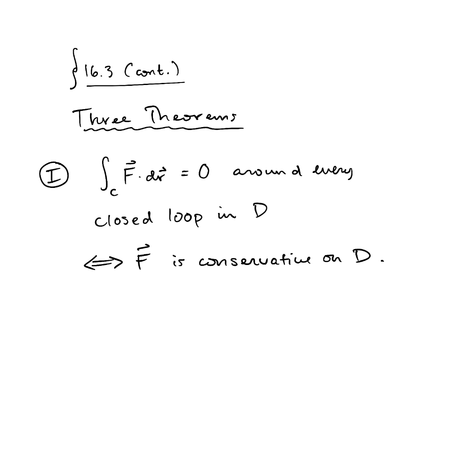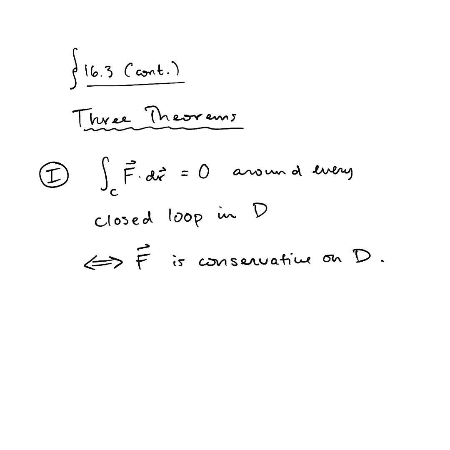So that means A implies B and B implies A. In other words, the two statements on either side of that double arrow symbol are equivalent to each other. And remember, to say that F is conservative on D is simply to say that the value of the line integral on any path is independent of the path and depends only on the endpoints.